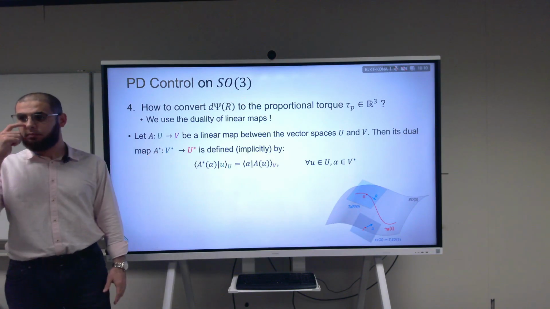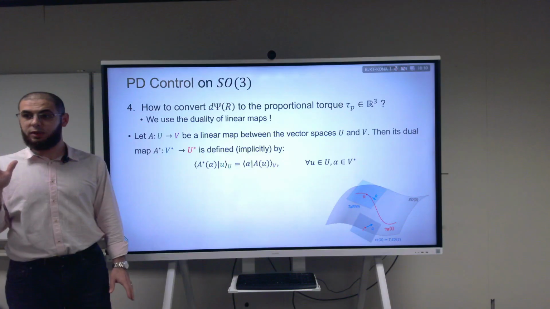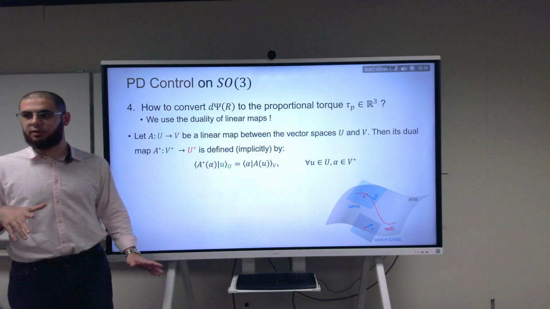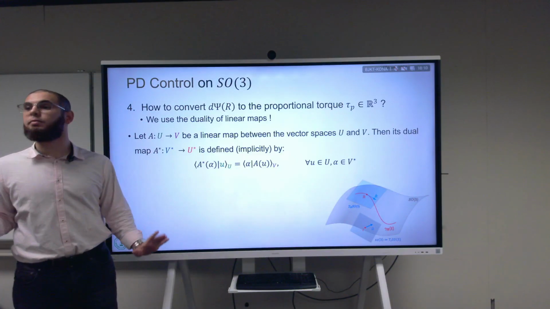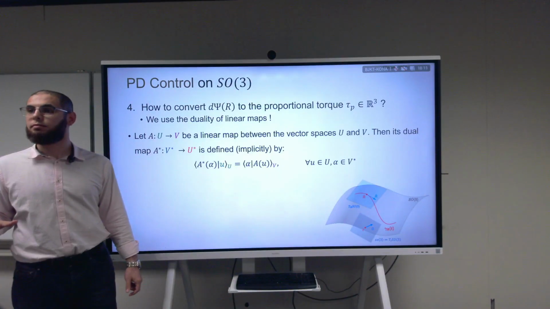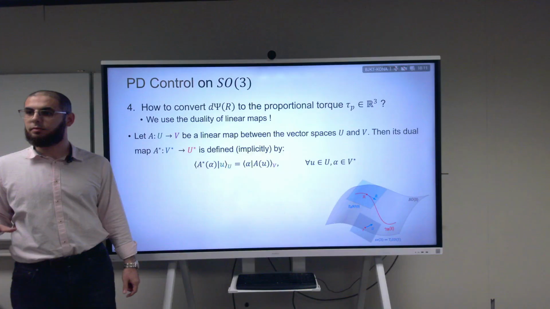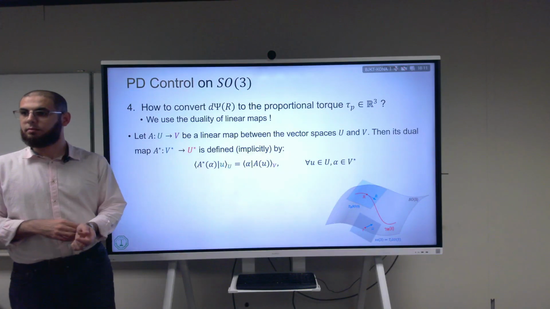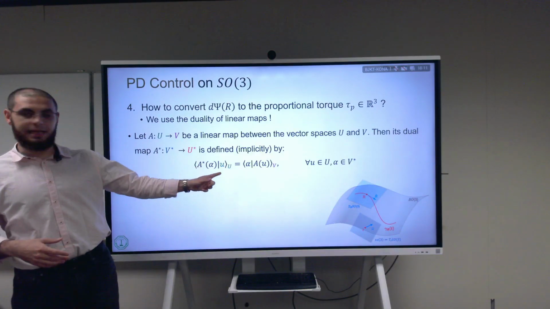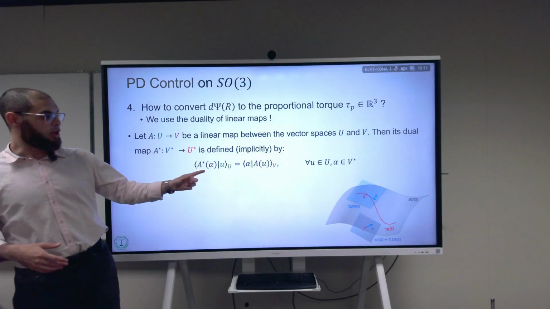We can have two definitions for the same thing. What is the first definition? What's the second definition? A and A star are two different maps, and if the two maps give us the same thing at the end, that's exactly the definition of it. But they're not giving it directly.